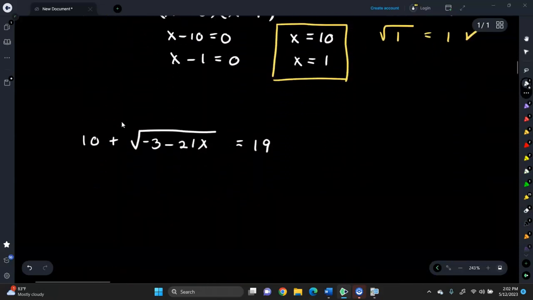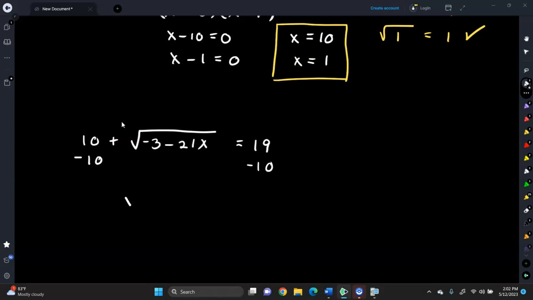Well, here, I want to get this square root by itself before I actually start squaring both sides. So what I'm going to do is subtract 10 from both sides first. Okay, when we do that, we get the square root of negative 3 minus 21x equals 9.